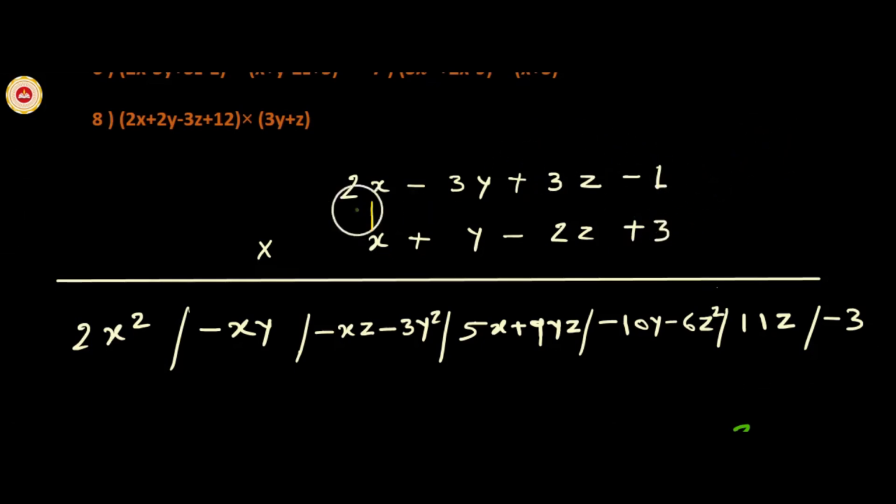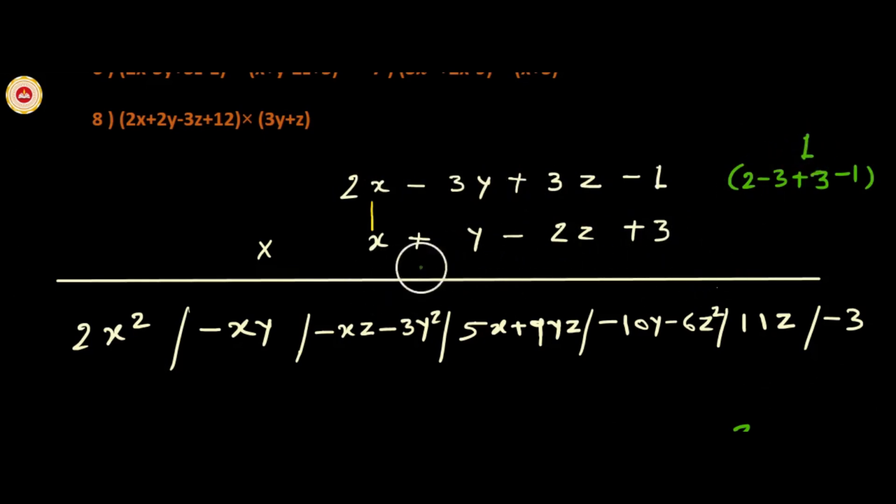What is the bijank? 2 minus 3 plus 3 minus 1. See, minus 3 plus 3 cancel. 2 minus 1 is 1. The bijank of this expression is 1.